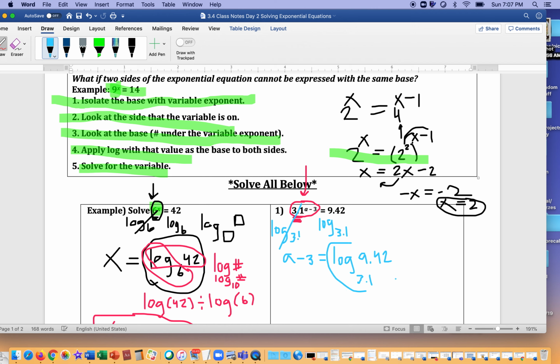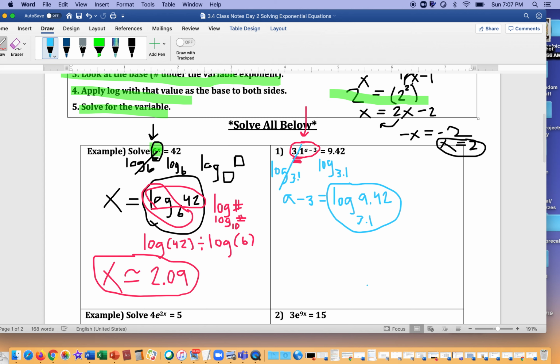Right here, this is a number. So I'm going to pop that in my calculator first. I'm going to do log of 9.42 divided by log 3.1. So log of 9.42 divided by log of 3.1 is about 1.98.